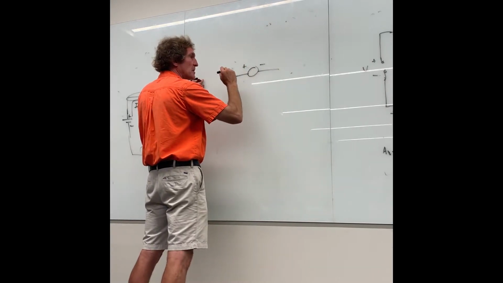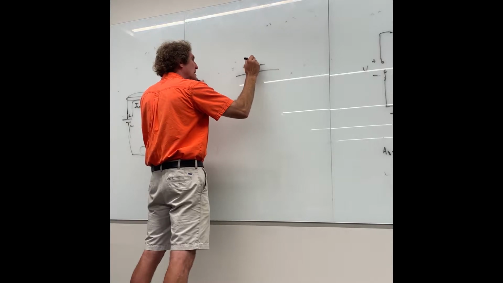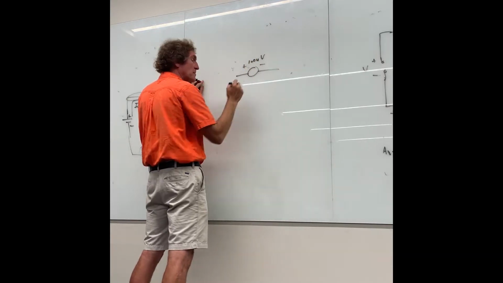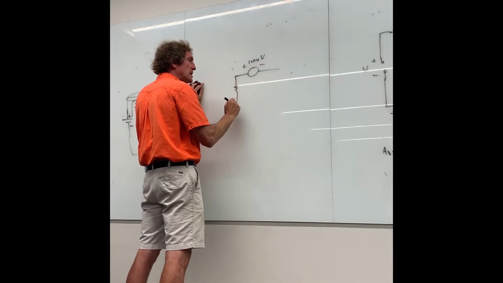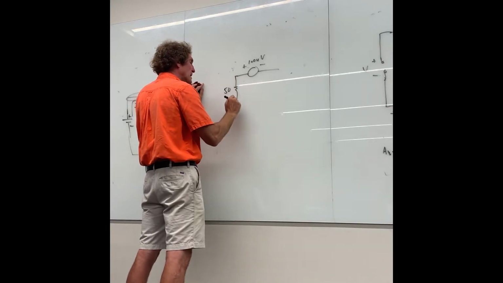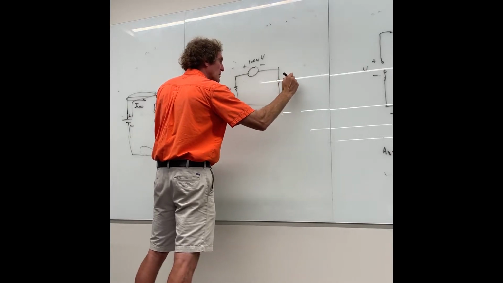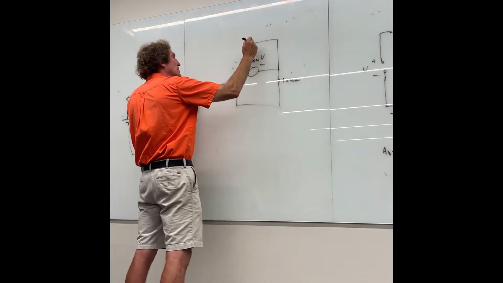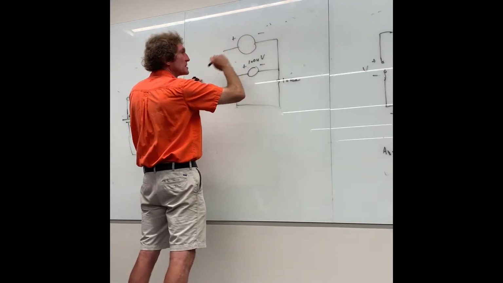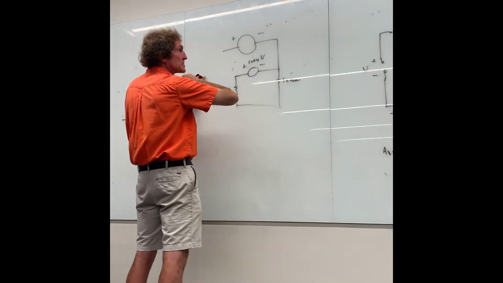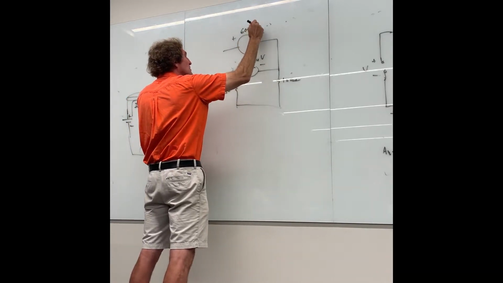I have plus to minus 10 to the minus 4th volts, and that's really 100 microvolts, right? Right here. And then I have a resistor here of 50 ohms, and I have another resistor here of 100 ohms, right? And then I have out here a source. The source is like this, plus to minus, and that's 600 microvolts, right? That's 600 microvolts.